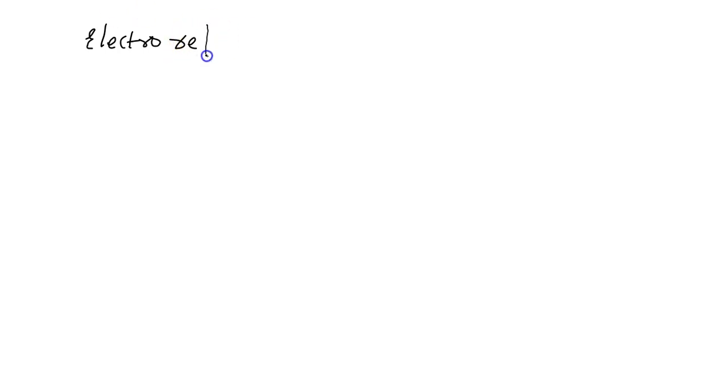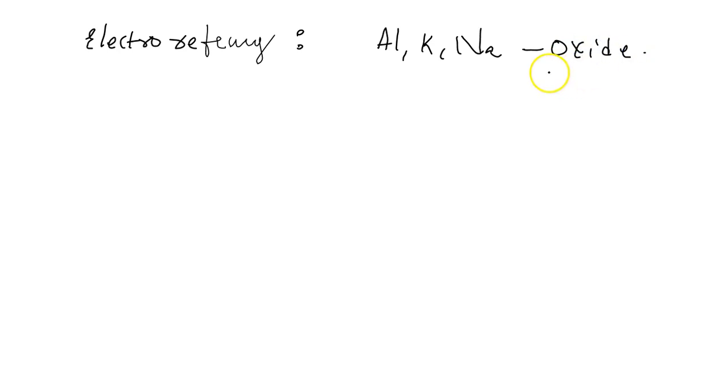So electro-refining, especially elements such as aluminium, potassium, sodium, oxides of them are reduced. Guys, one second, it's not electro-refining, it is electro-reduction. Electro-refining is entirely different from electro-reduction. I'm so sorry for this. Yes, it's electro-reduction or electrolytic reduction.